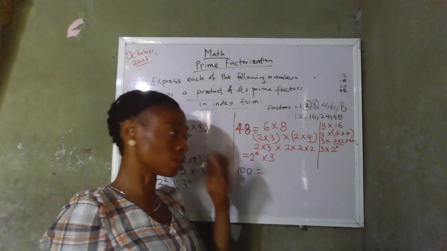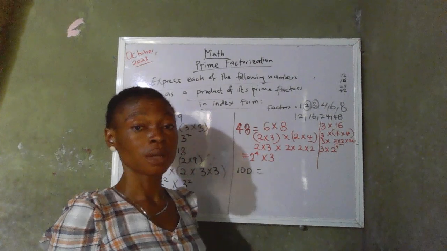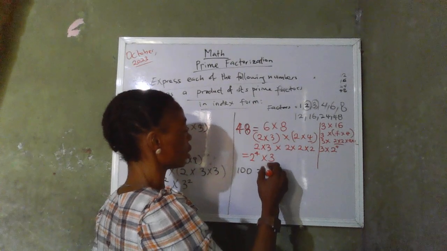Now let's move on to expressing 100 as a product of its prime factors. First, let's find factors of 100.